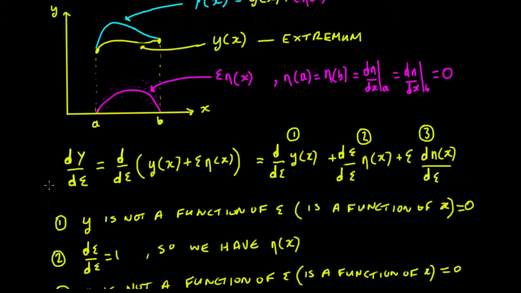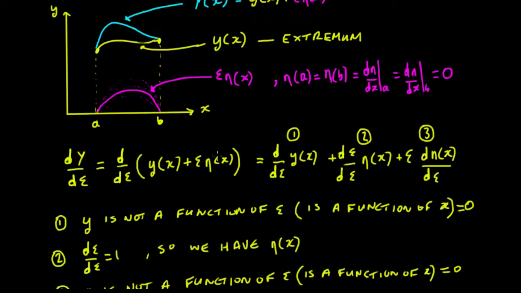So let's go ahead and take this derivative, dY by d epsilon. Now the large Y here is the small y of x plus epsilon eta of x, so we'll pop that in there. Now remember, we differentiate that. We're going to have one term for this, and we're going to have two terms here because it's a product of two terms.